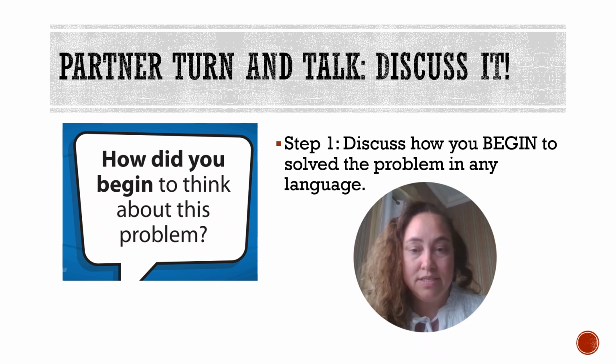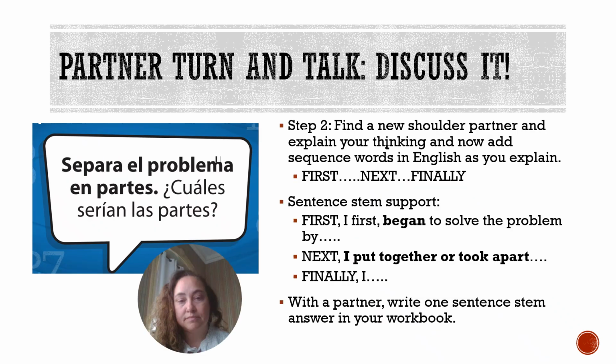So that discourse is really, really important regardless of the language. So this is what we would want to do next, is just to start with how did we begin working through that problem. We're not focused on answers. We're just focused on building that discussion piece around what they started to do with this problem.